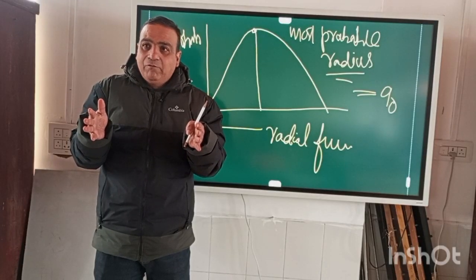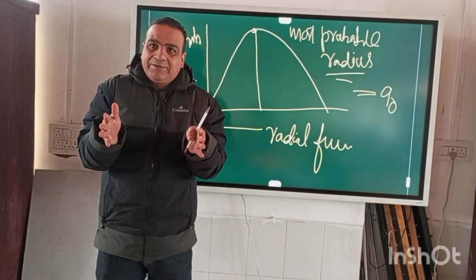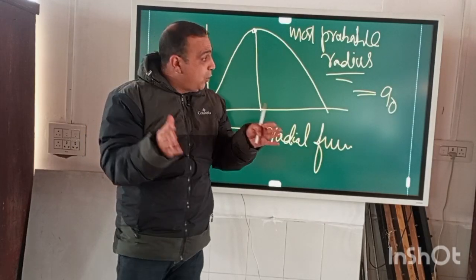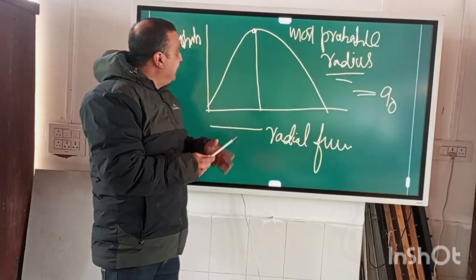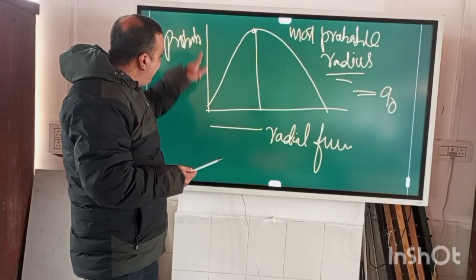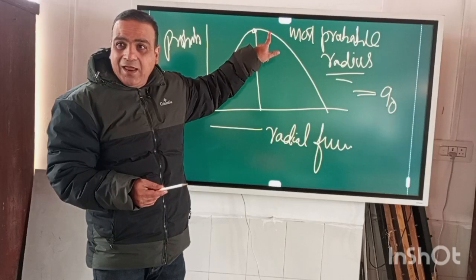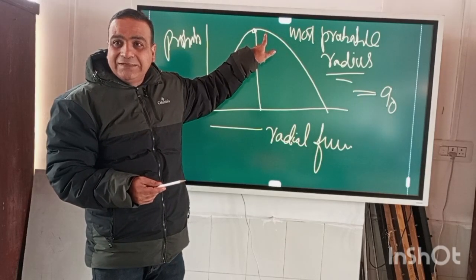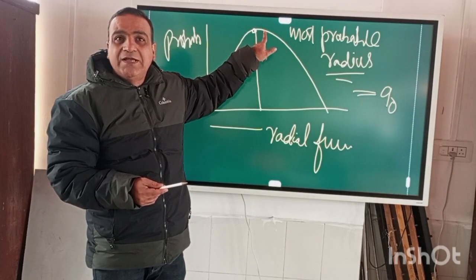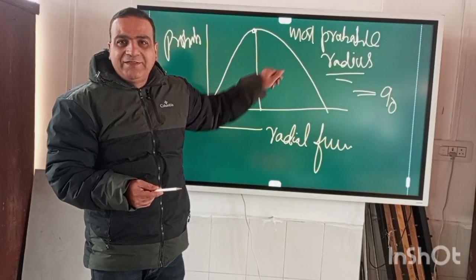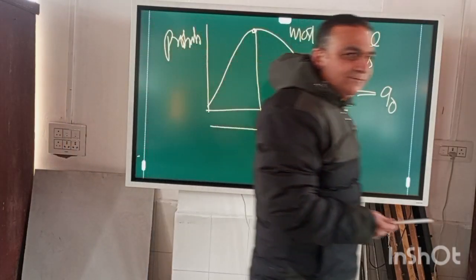We can understand the hydrogen atom exclusively using wave mechanics, using Schrödinger's approach. But the beauty is that when you plot the probability against the radial function, the maximum you obtain here is nothing but the radius of the first Bohr orbit, a0. So with this, I would like to stop here.